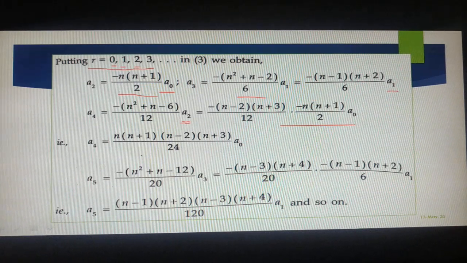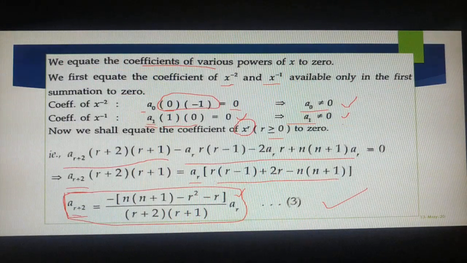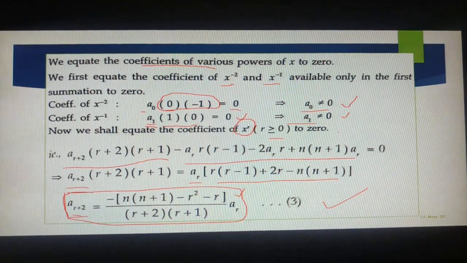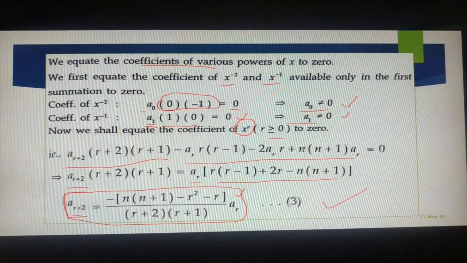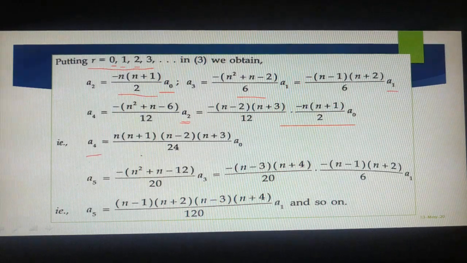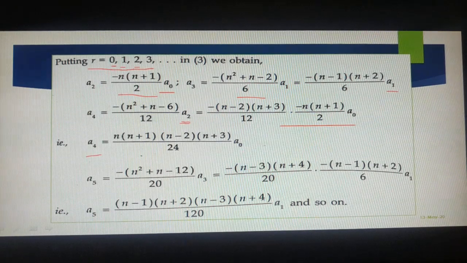We know a0 and a1 are arbitrary constants, so with the help of these two arbitrary constants we are able to write your solution, because ours is a second order differential equation, right? So then a4, after writing this, and of course minus into minus plus n into n plus 1 into n minus 2 into n plus 3 by 12 into 24 into a0.